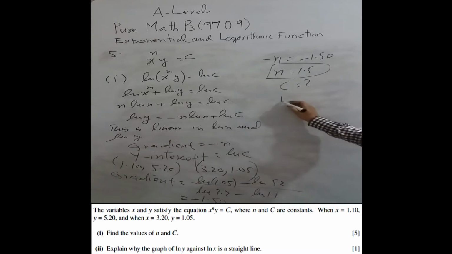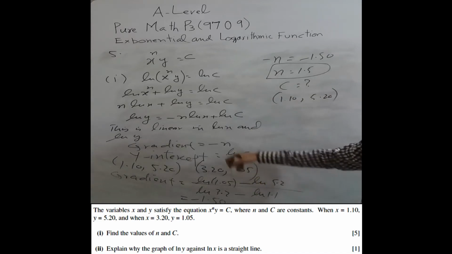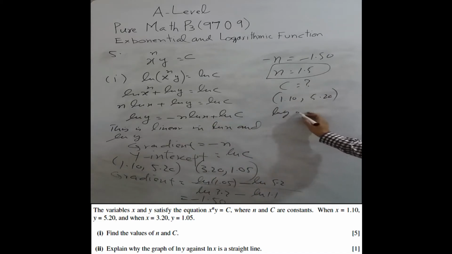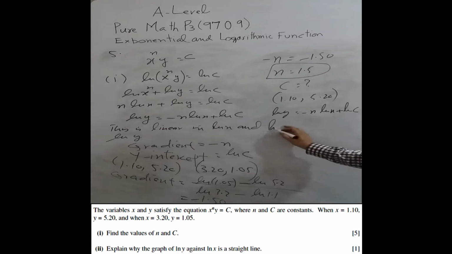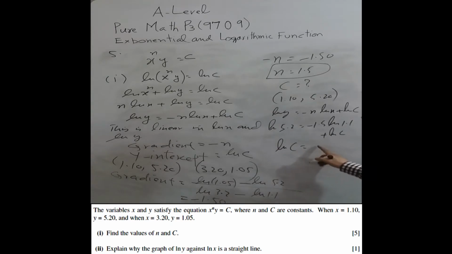Taking any one of the points, now taking this point 1.10 and 5.20 and putting into this equation, we have ln y equal to minus n ln x plus ln c. ln y means ln 5.2, n means minus 1.5, so minus 1.5 into ln 1.1 plus ln c. Now simplifying these, use your calculator, you will get some value over here, and your c will be e raised to the power of this answer. On simplifying, you will get the value of c to be 6.00.